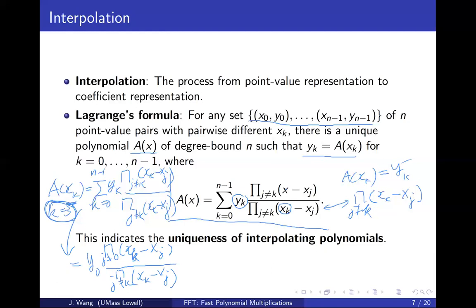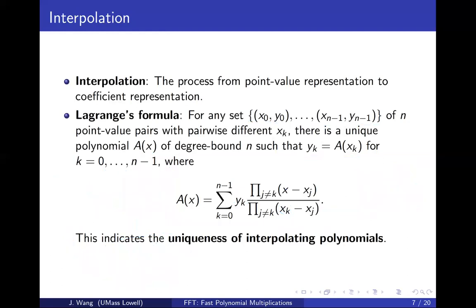So j could be k, so this becomes 0, and that means the whole term is 0. Likewise, only when k is equal to 3, a of xk is equal to yk, because all the other terms become 0.